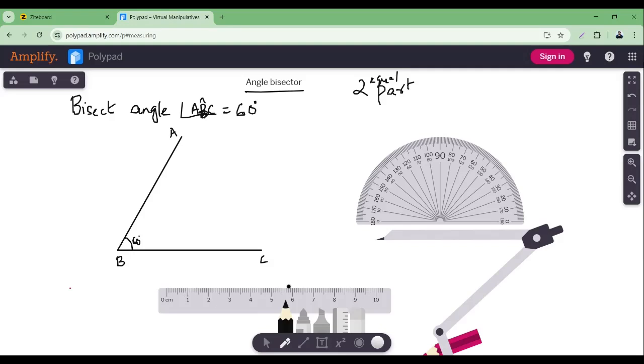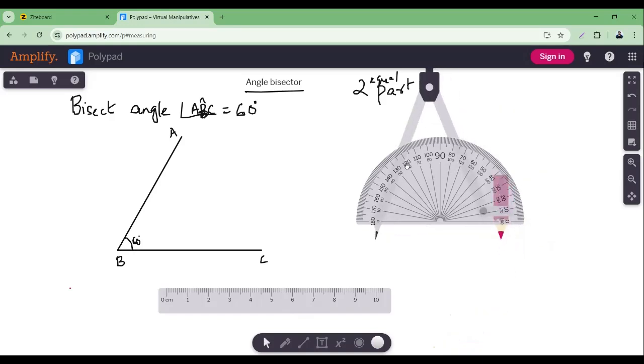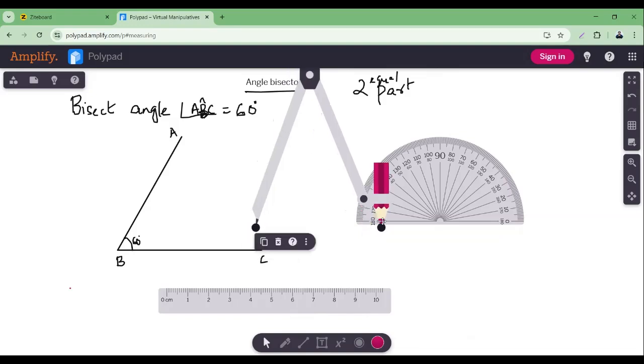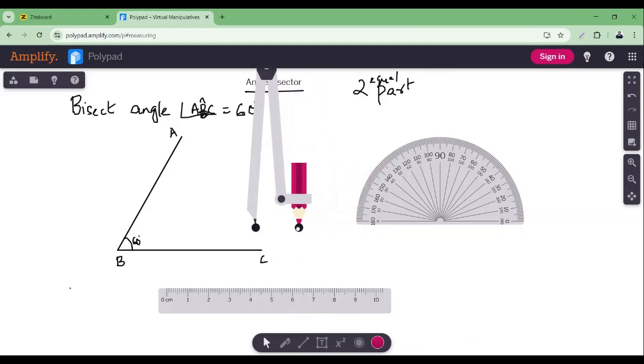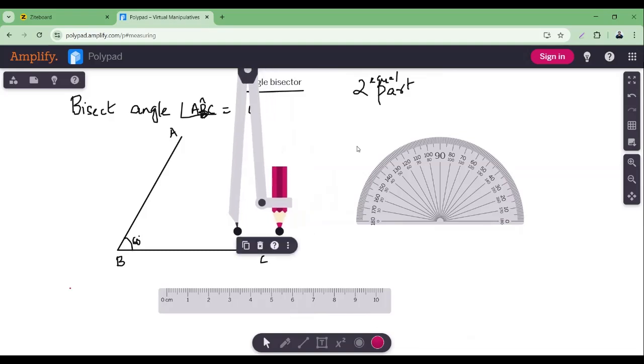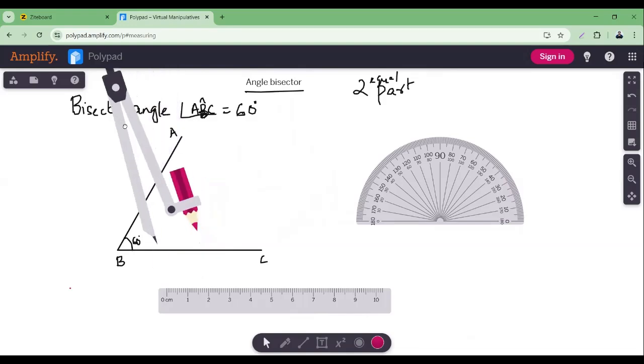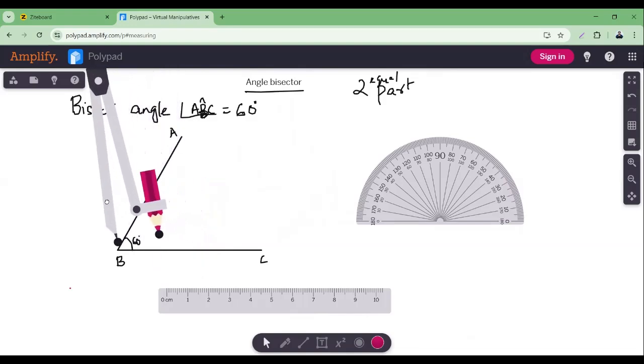Now, how can I draw the angle bisector? For that, I take the compass and I minimize its opening very much, as little as possible. And I keep the needle end on the vertex.